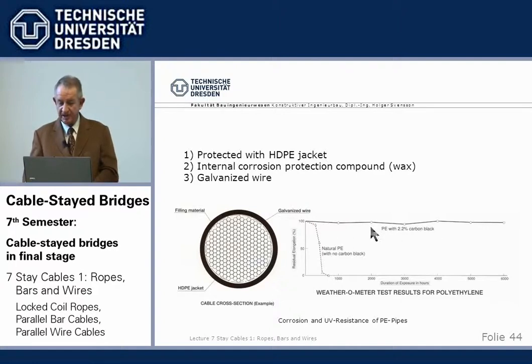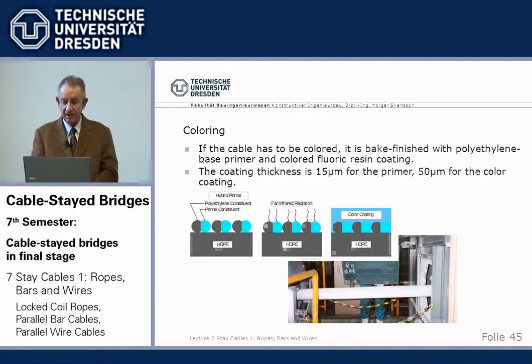Carbon black, they call it here. It doesn't diminish the strength. If you have pure PE, then after a short time from UV radiation, it breaks. Coloring is a problem because PE is inert. Regular color doesn't stick. So we used tapes around, or you can bake in some mixture of PE and coloring. It's possible, but it's a little tricky.